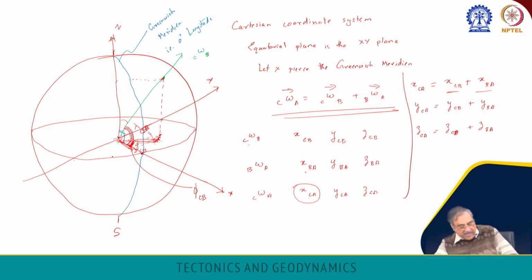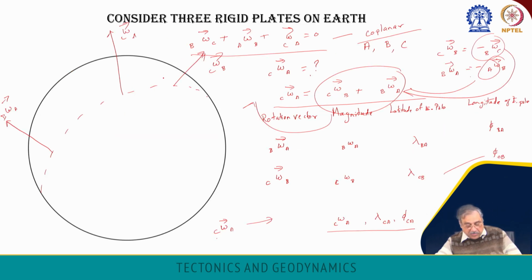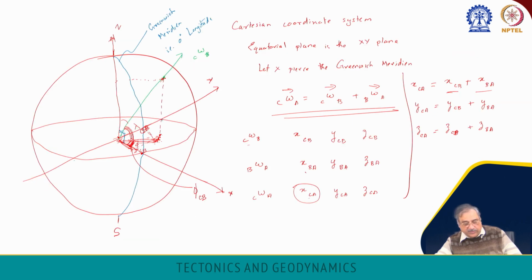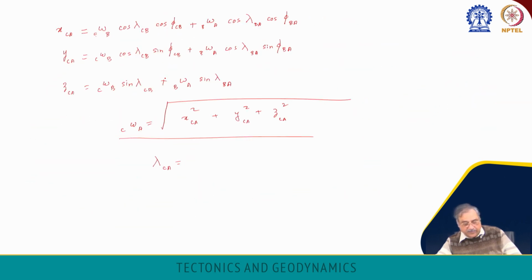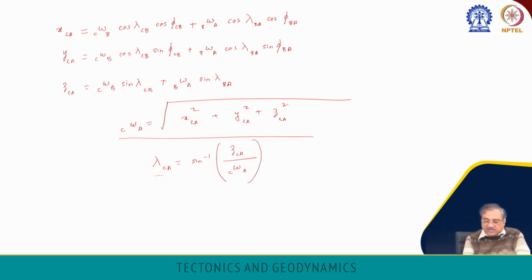So, it's the length divided by the hypotenuse, which is the length of the whole vector. So, lambda CA would simply be equal to sine inverse of ZCA divided by omega A with respect to C. So, this will give us the value of the latitude.